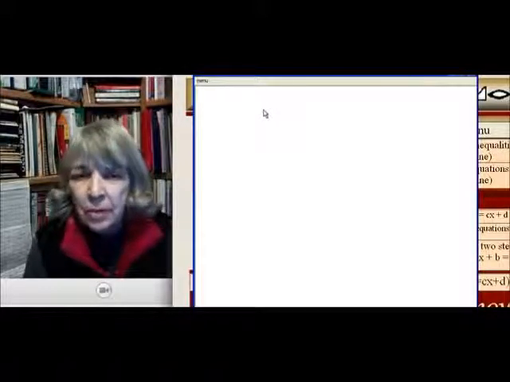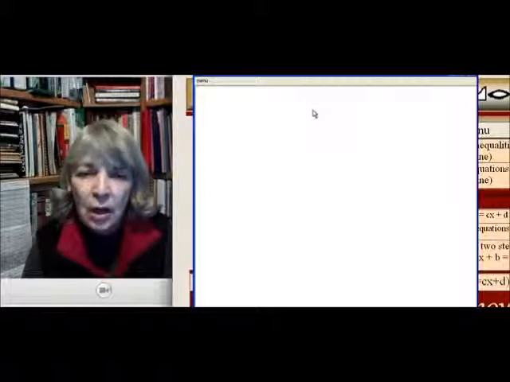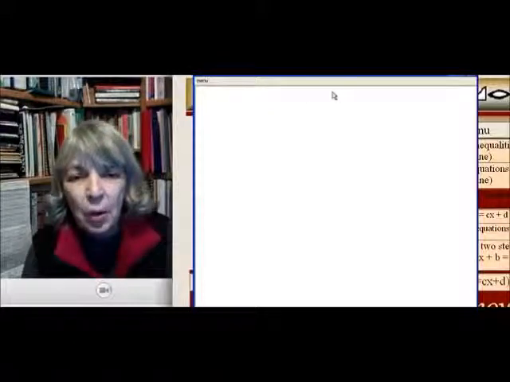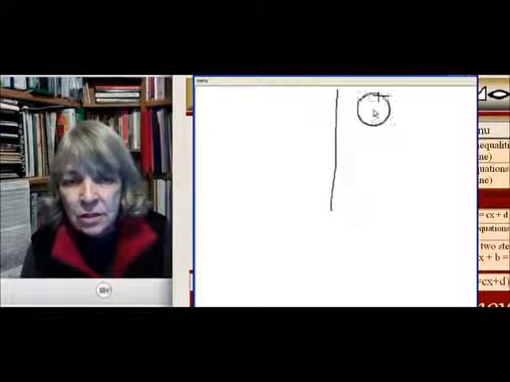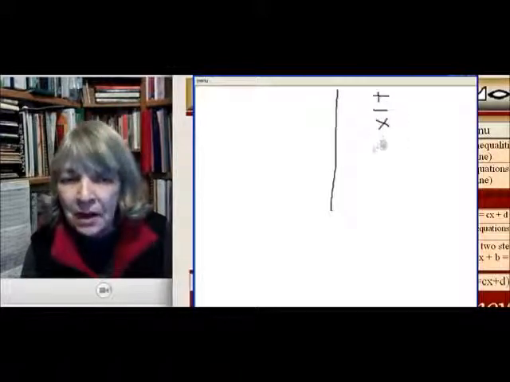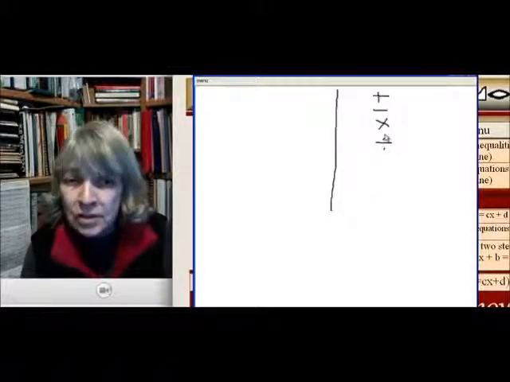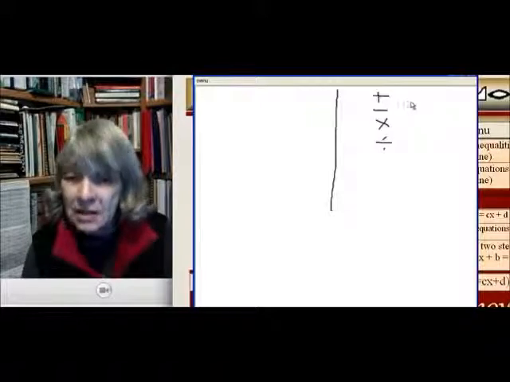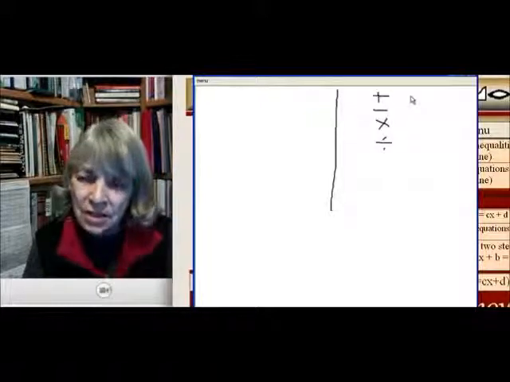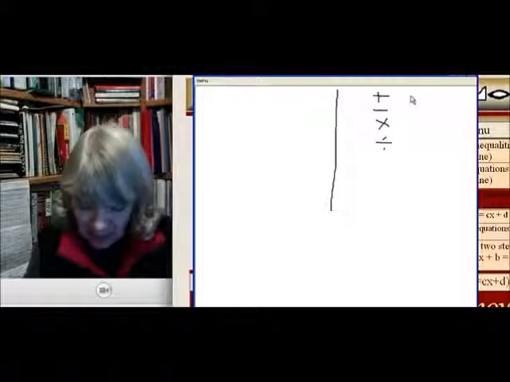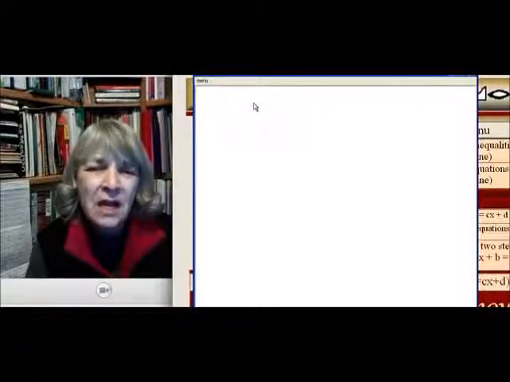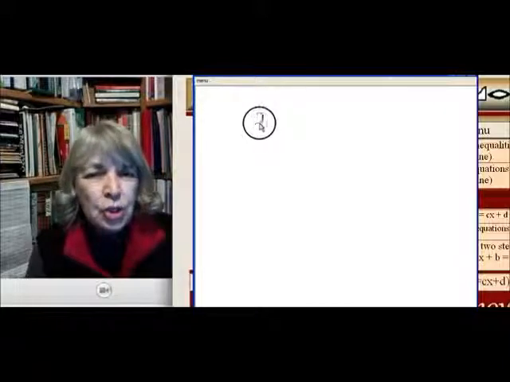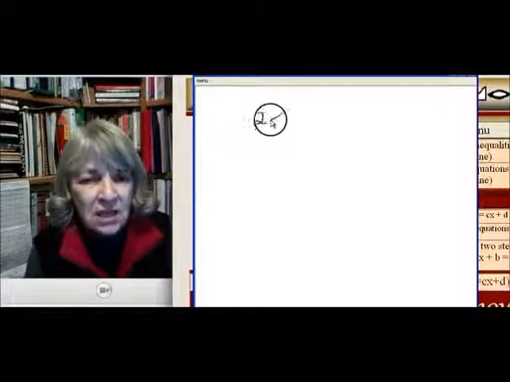When we had an equation, remember we could add, subtract, multiply, and divide both sides by the same thing, and the equation stays true. Now, what we're going to say is that inequalities are almost like that. But I'm going to take a simple example like 2 is less than 4.